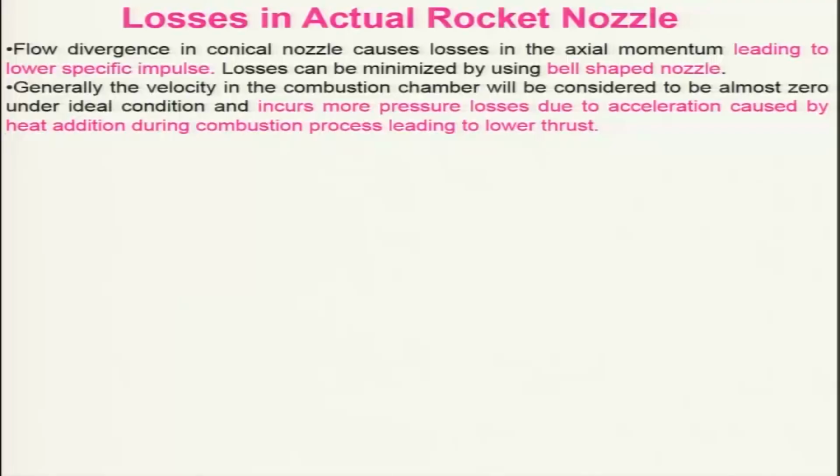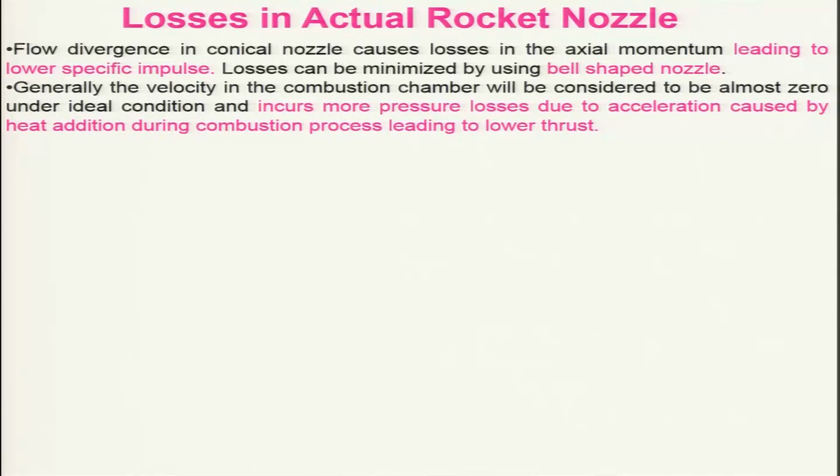Generally the velocity in the combustion chamber is considered to be almost 0 in our analysis, particularly under ideal conditions. However, the velocity will always have some tangible value, because there will be acceleration of the flow due to the heat addition.